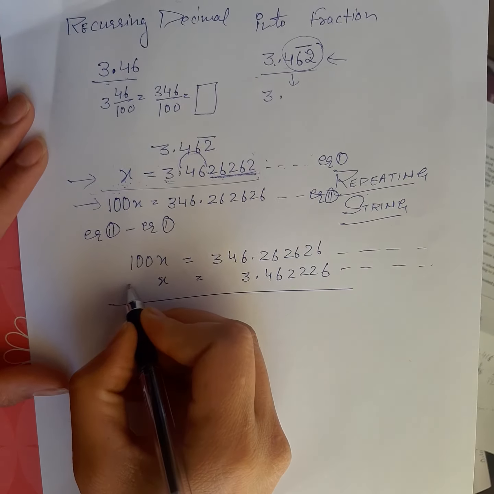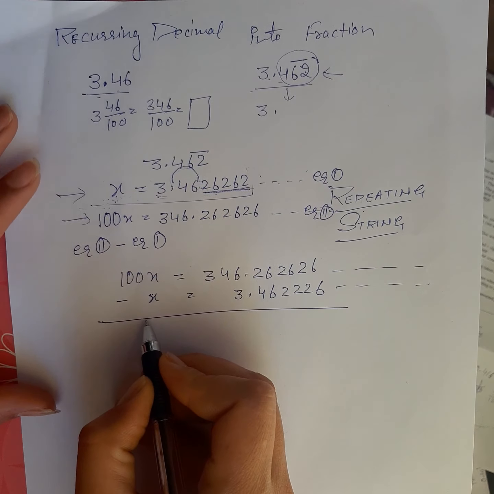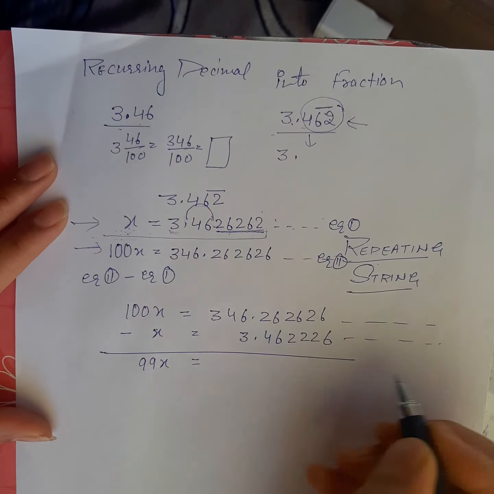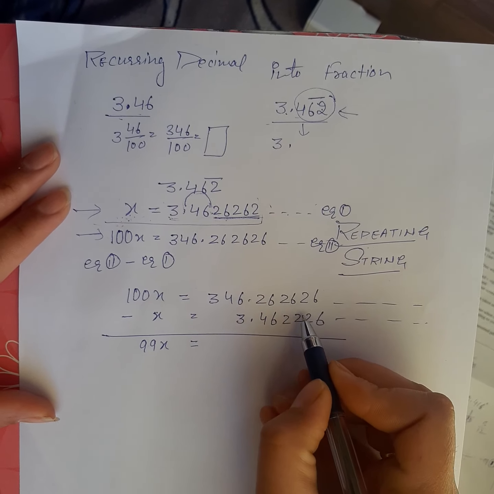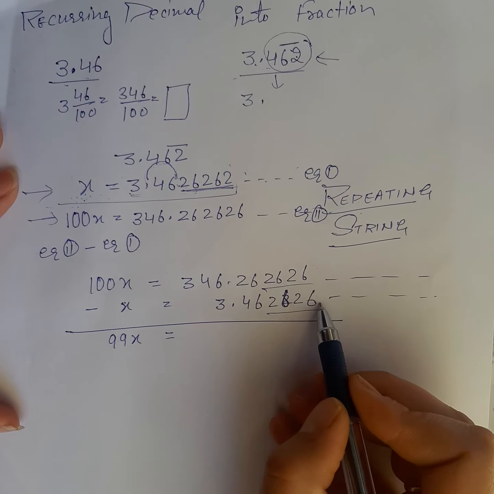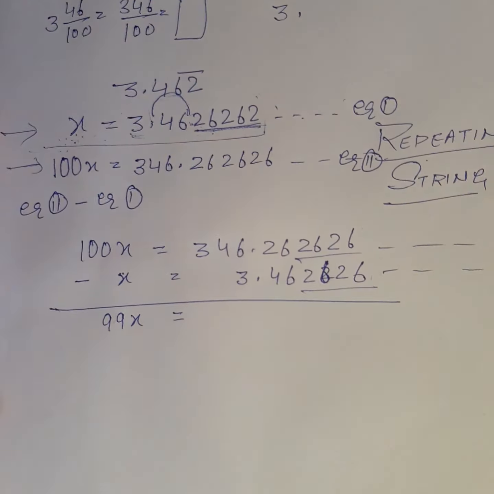So here if I subtract, on the left hand side I'll get 99x, and on the right hand side, sorry, I've written something wrong, this repeating part will get cancelled, all the terms.